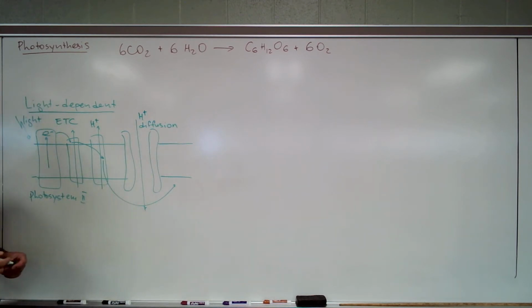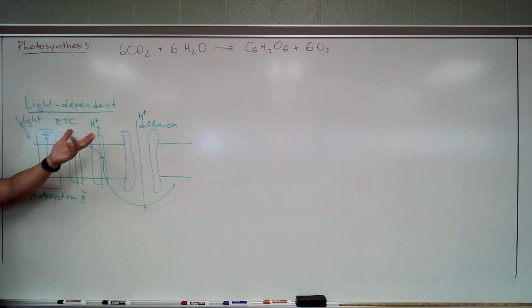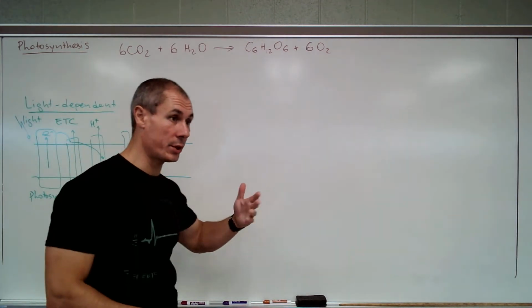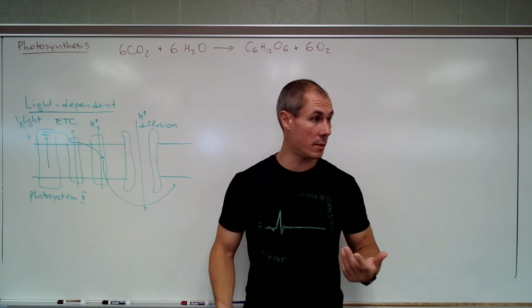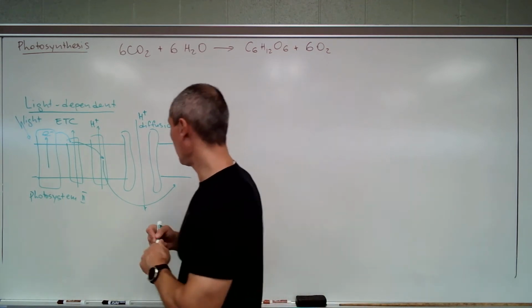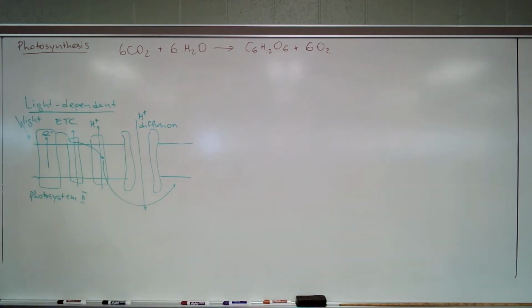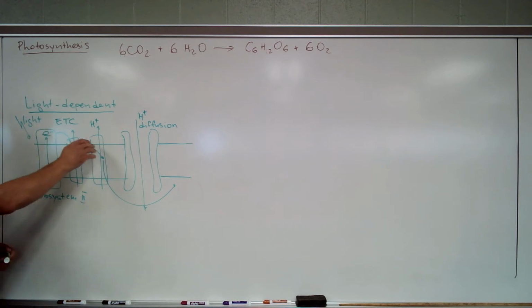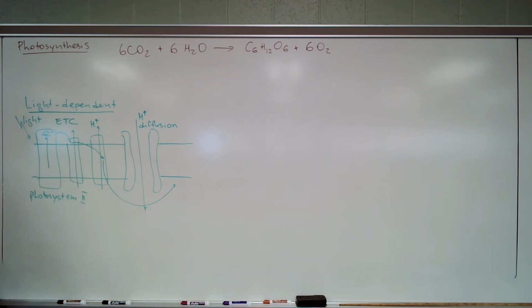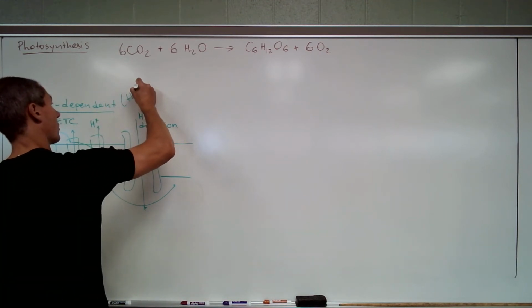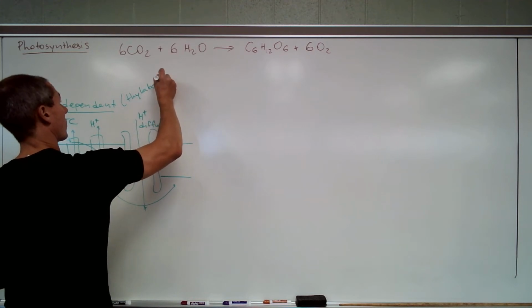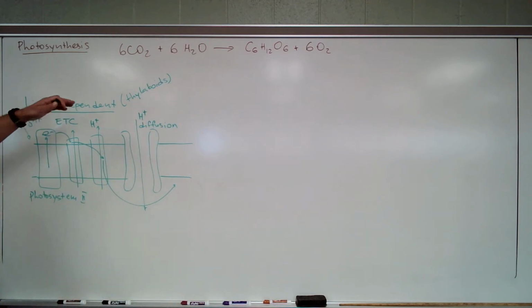Now remember this conversation about diffusion, what hydrogen diffusion directly provides energy for? ATP synthesis. Make sense so far? So here, the energy of light absorbed by photosystem 2 is used to push the electron into the electron transport chain, the membrane of thylakoids. Remember, if we're talking about multicellular organism, that's going to be thylakoids.